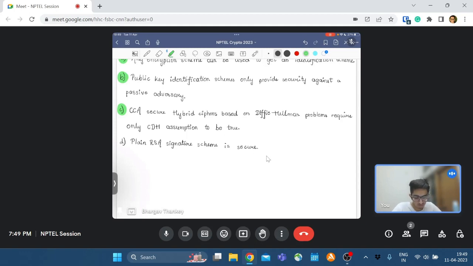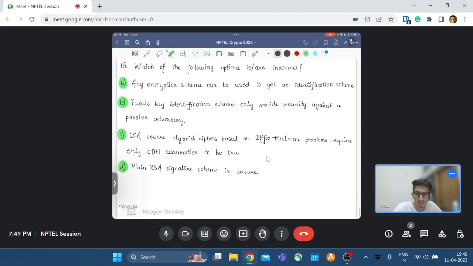So C is also false. And D is plain RSA signature scheme is secure. Well, this is also false because we saw in class that any adversary can easily forge a signature for a new message if we use the RSA signature scheme. So all four options A, B, C, and D are false.